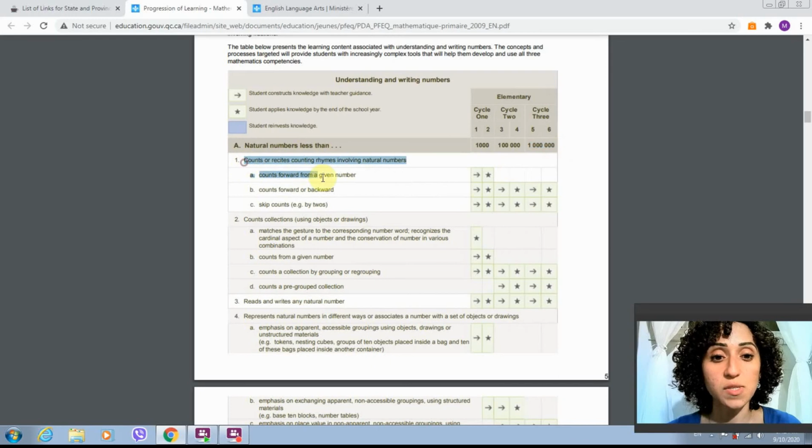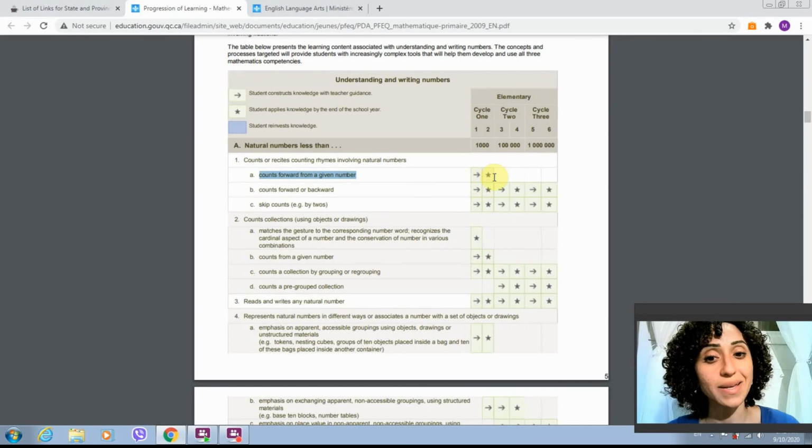And then it tells you the specifics of that standard and what's expected for each of the cycles. So counting forward from a given number, you're constructing that knowledge with teacher guidance in 1st grade, but by 2nd grade, they should apply that knowledge by the end of the school year.